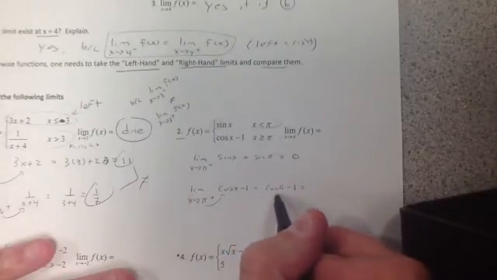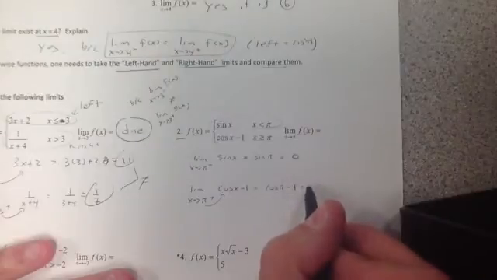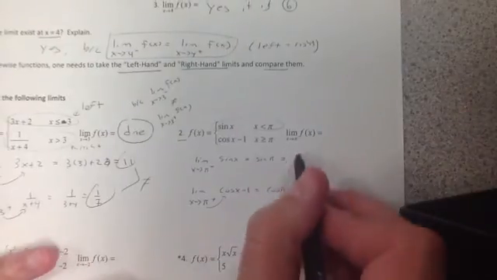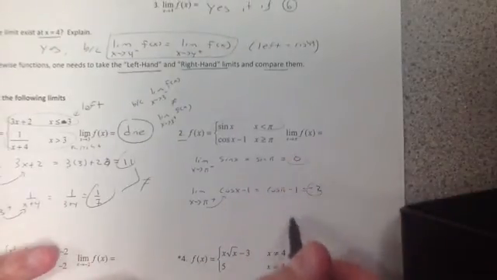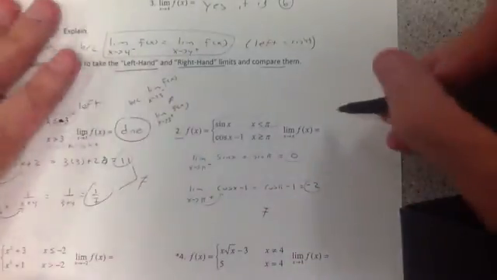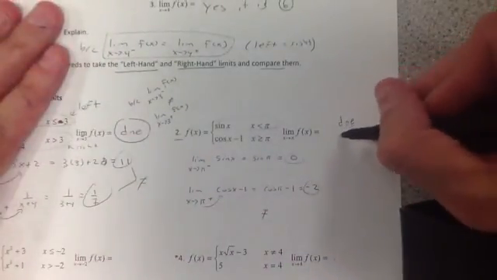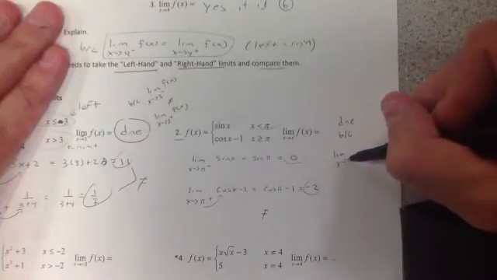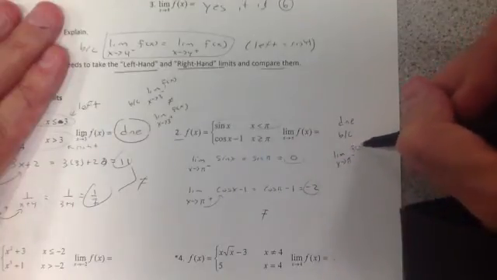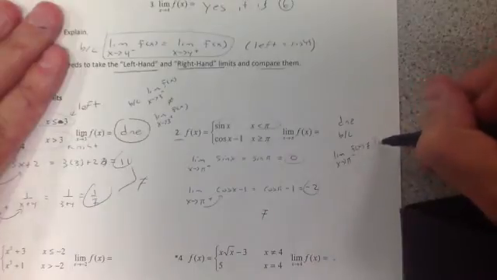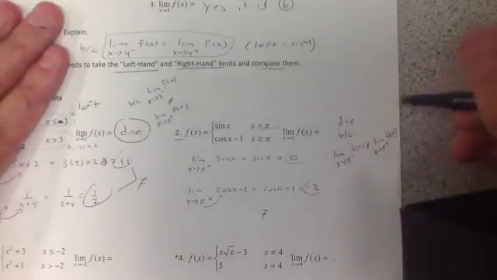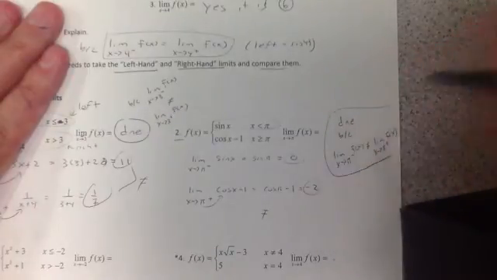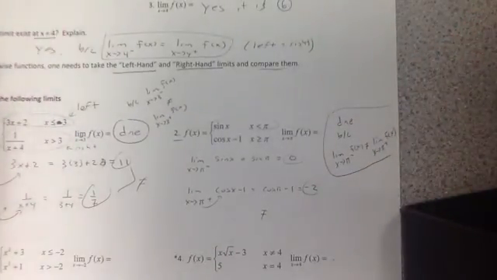Cosine of pi is negative 1, and negative 1 minus 1 is negative 2. So, do these equal? No, they're not equal. So again, the limit does not exist, and the reason is that the limit as x approaches pi from the left does not equal the limit as x approaches pi from the right. Remember, the only time you have to write down a reason is if it does not equal.